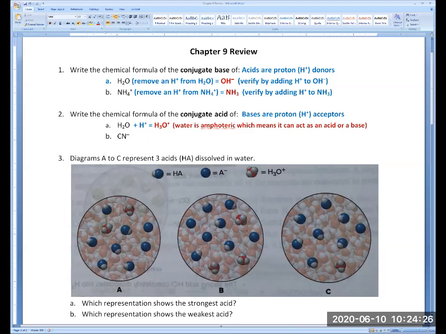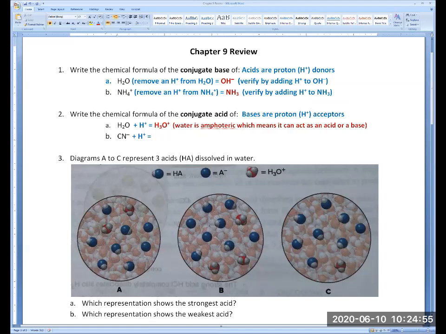Okay, so CN- is the cyanide ion. Let's add H+ to it, make it accept a proton. As a base, it's accepting a proton and becoming... So tell me in the chat, what do you think is the conjugate acid of CN-?